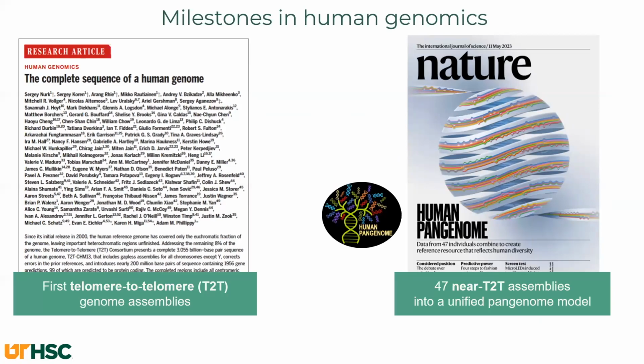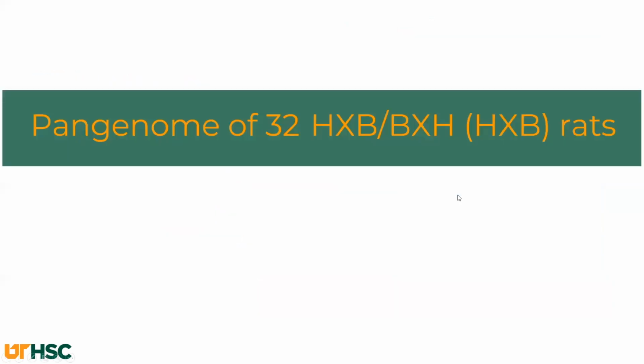So we want to do the same with model organisms, and we started with the mouse. We are doing a T2T of one parental strain, DBA/2J. But for now, I want to explain what I have done using HXB rats.